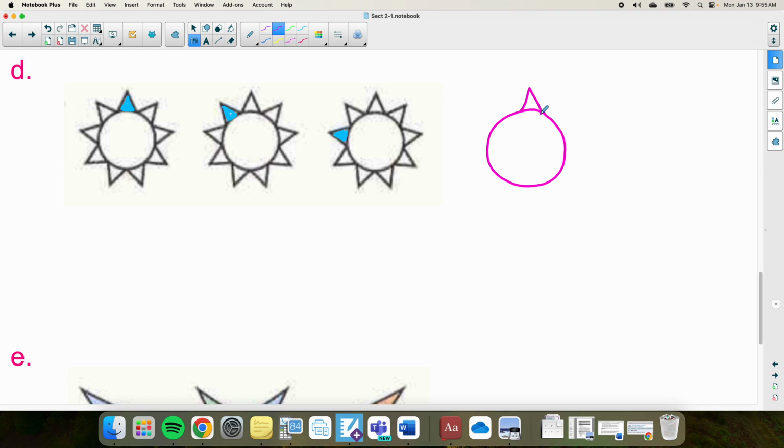And then on the bottom, it has 2 triangles like that. And in between here, there's 3. So you're gonna have like 1, 2, 3. And then same thing over here, you're gonna have 1, 2, 3. That's really bad, but, okay.